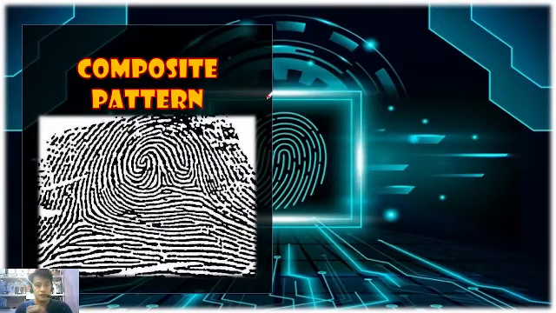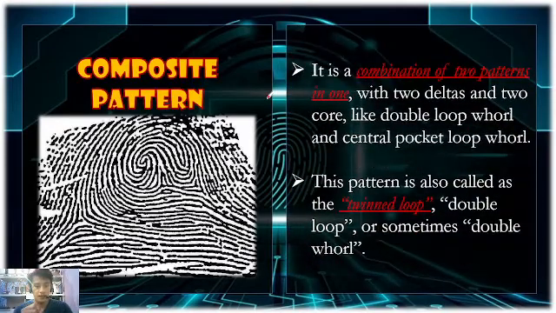Another one we have here is the so-called composite pattern. Nasabing composite pattern yan because it is a combination of two patterns in one. Take note: a combination of two patterns in one. So it could be two loops, or a loop combined with a whirl.